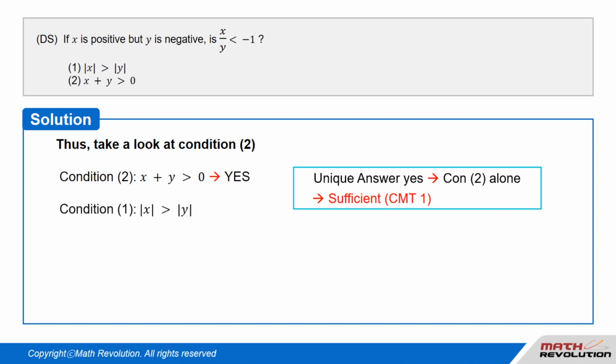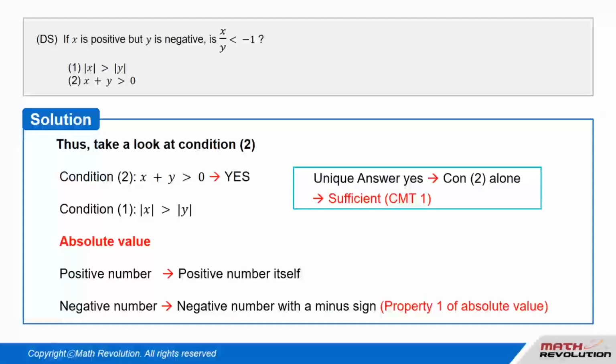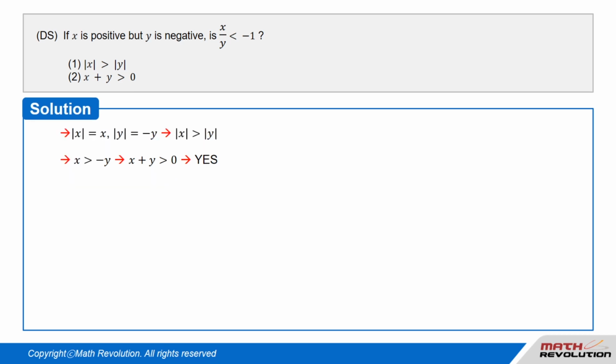Condition 1 tells us that the absolute value of x is greater than the absolute value of y. We have learned that the absolute value of a positive number is the number itself, and the absolute value of a negative number is the number with a minus sign, by the first property of absolute value. So the absolute value of x equals x, and the absolute value of y equals negative y.